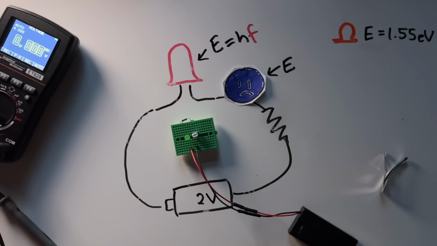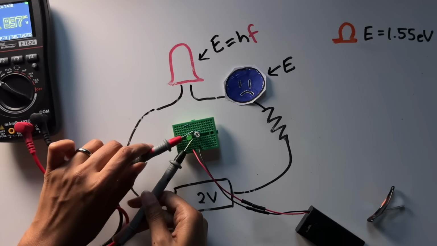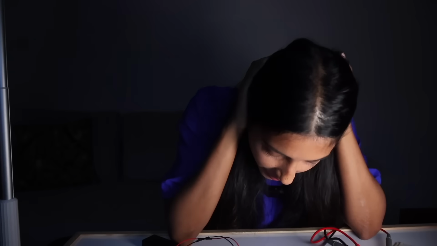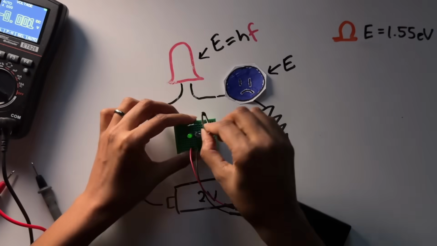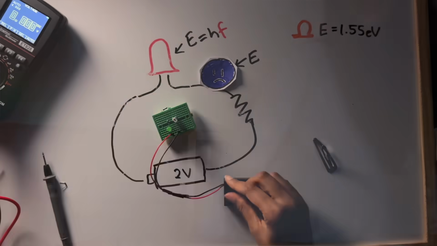It's still not off. I didn't get it. That doesn't make sense. Okay, let's see. Why is it 1.9? It shouldn't be 1.9. I'm definitely doing something wrong. I don't understand this. I feel like this is going the opposite way than it should.